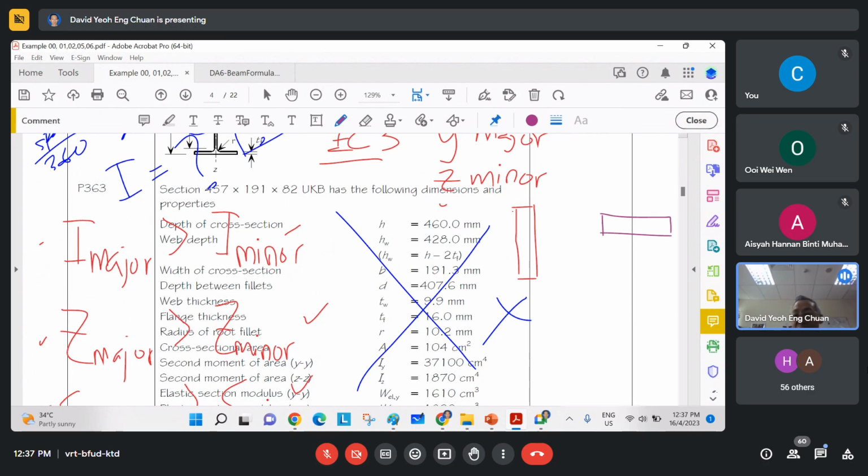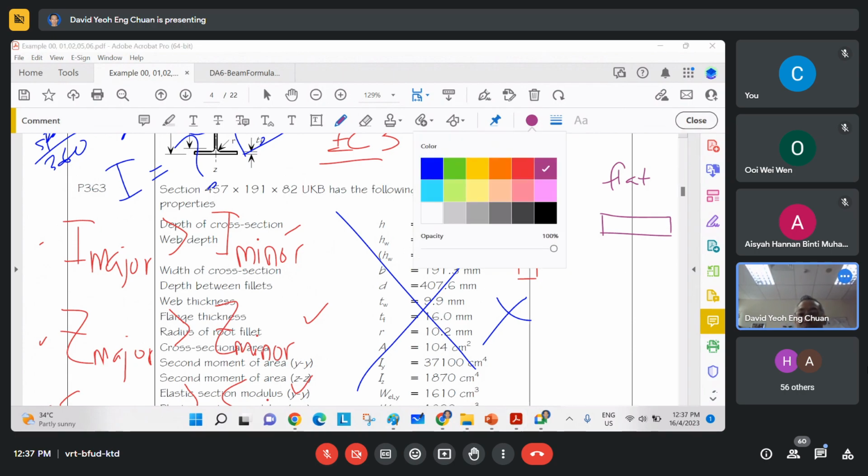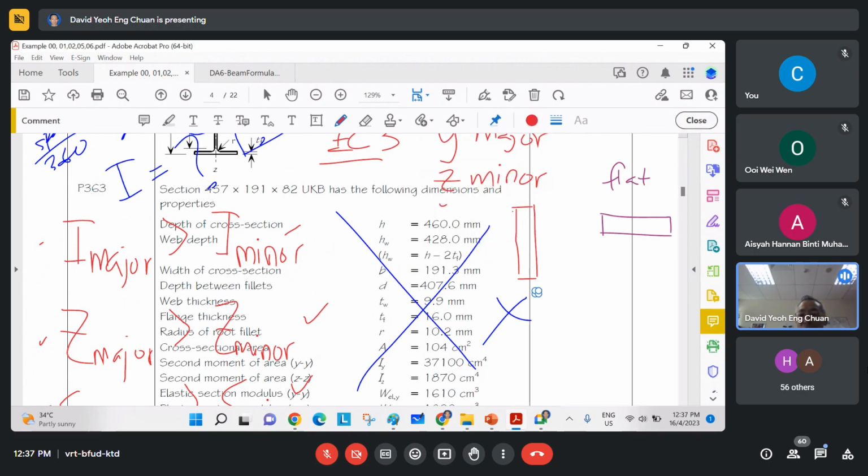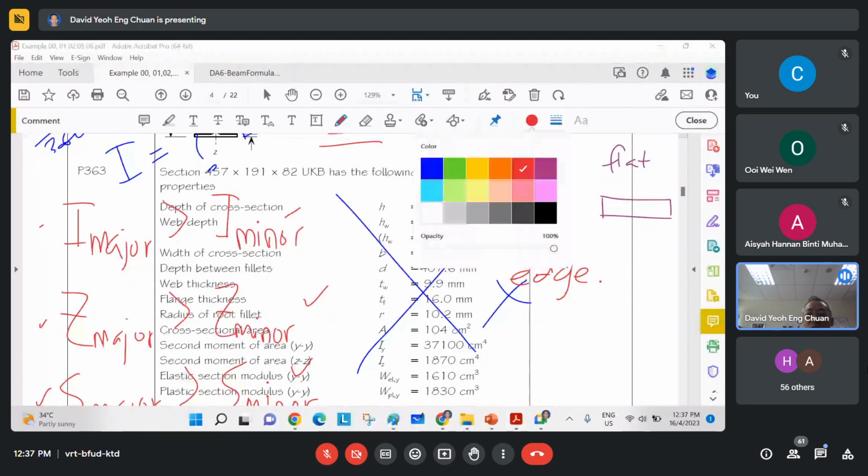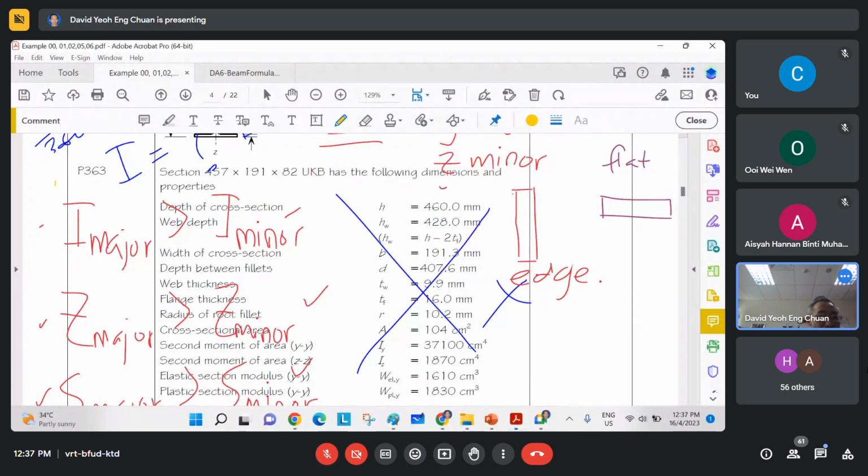So this is called flat-wise. And the red one is called edge-wise. So the clever way is putting it edge-wise. When you do it edge-wise, then you are going to use all that is of the major here. Okay, all that is of the major.